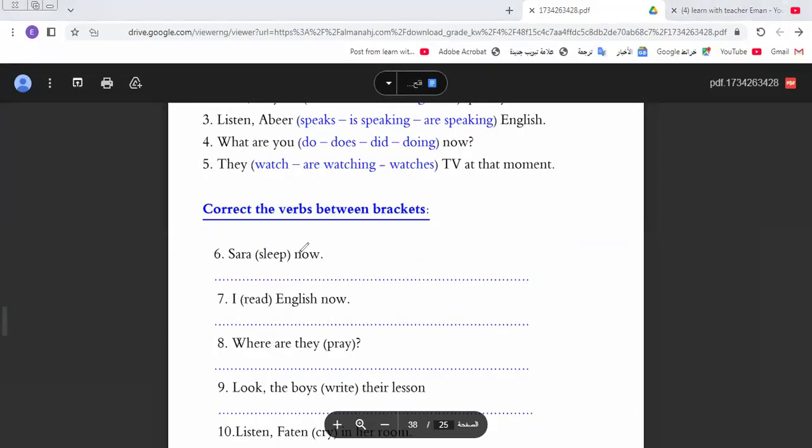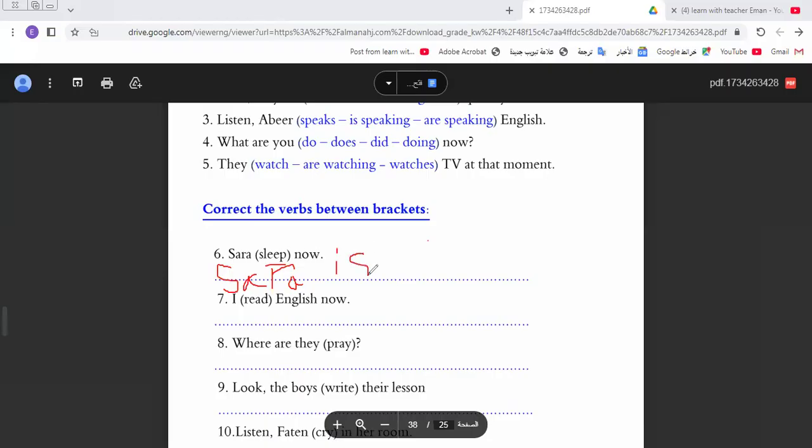Here we say correct the verbs. This is the kind of question that we can see in our exam. Here the verb is not correct, so I correct it by replacing the wrong verb with the right verb. Sarah is singular, so I say Sarah is sleeping now.